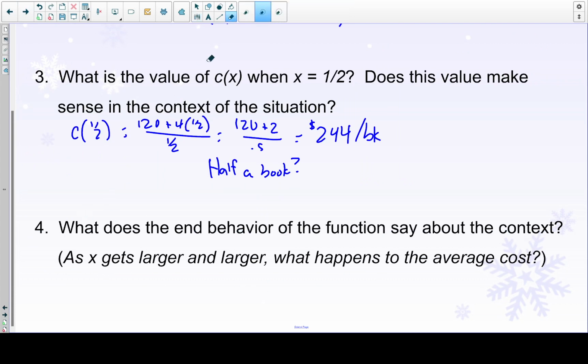As x approaches infinity, y approaches 4. And again, where did that 4 appear? That 4 appeared here in the original function, in the slope, like how much we were being charged per book. Interesting.